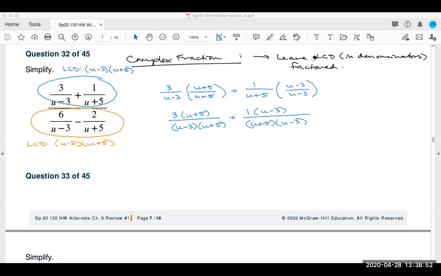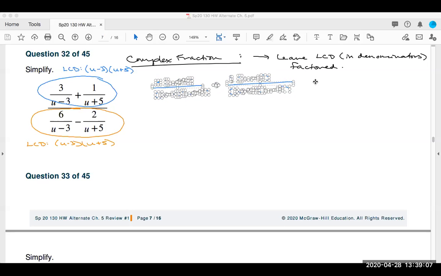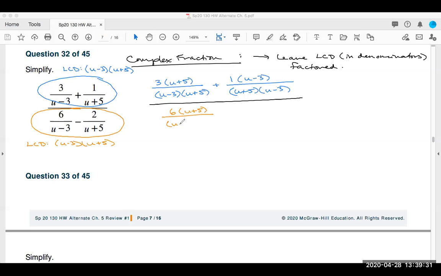So I'm going to go ahead and delete this line. And then I'm going to move this bit up. Okay. So that's the first bit. Make your big fraction bar. And then the denominator of the complex fraction, we're going to work similarly. So 6 is missing the u plus 5 from the denominator. Let's multiply that u plus 5 top bottom.